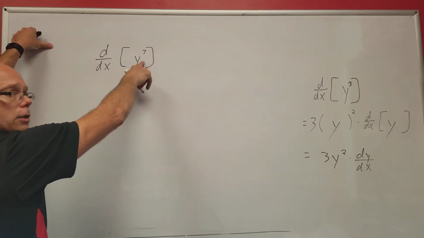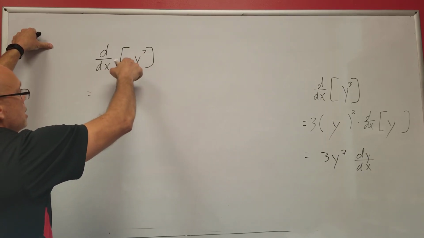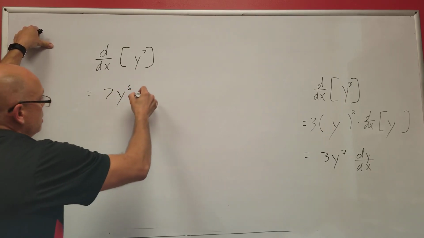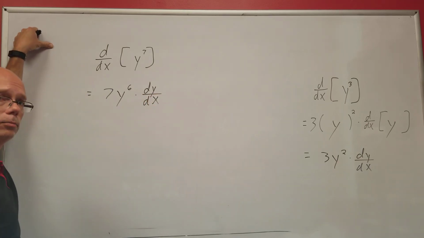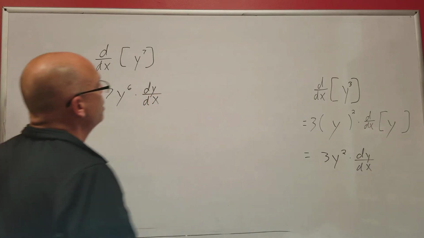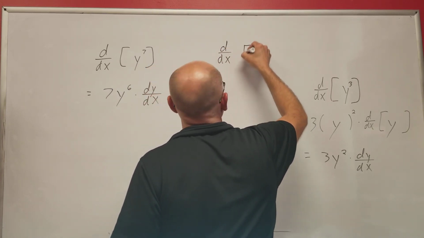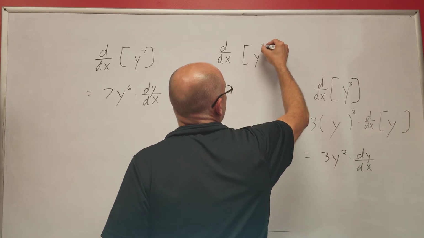If y is a function of x and I'm taking a derivative with respect to x, that's going to be 7 times the front times y to the sixth times dy over dx. How about the derivative with respect to x of y to the, I don't know, maybe 3/2?